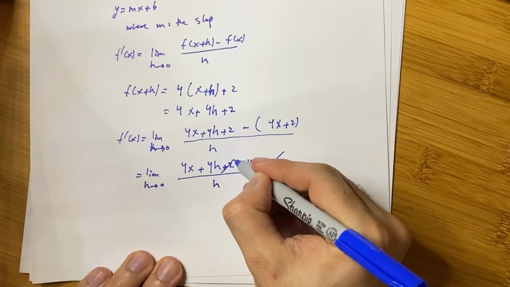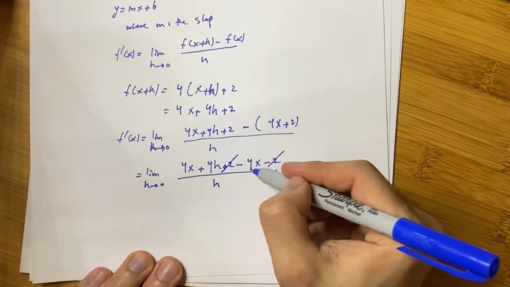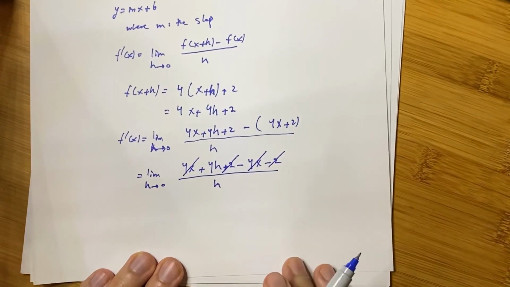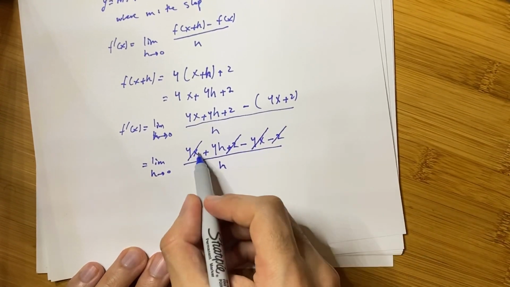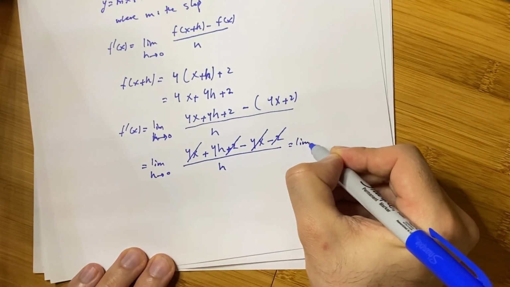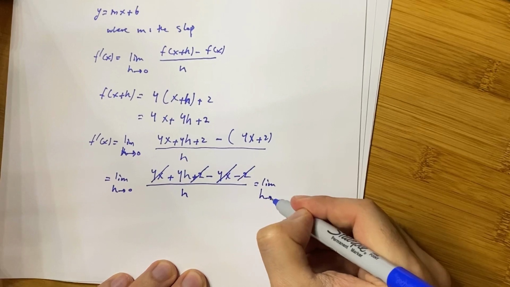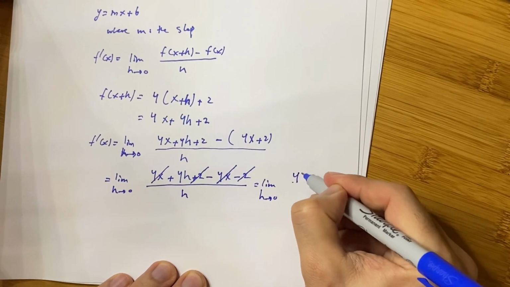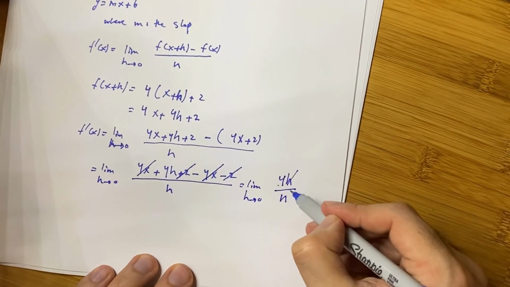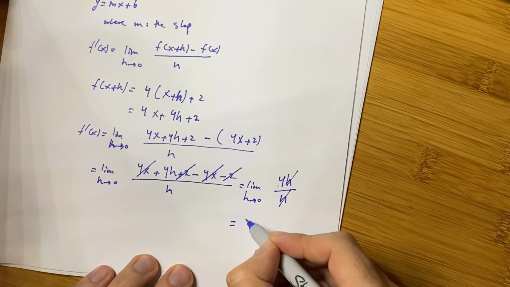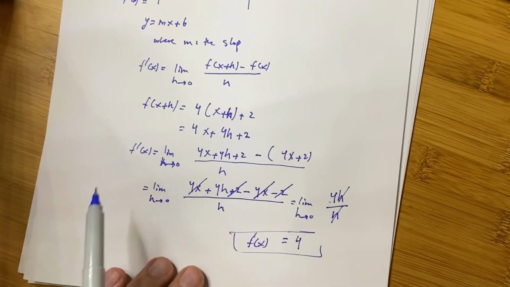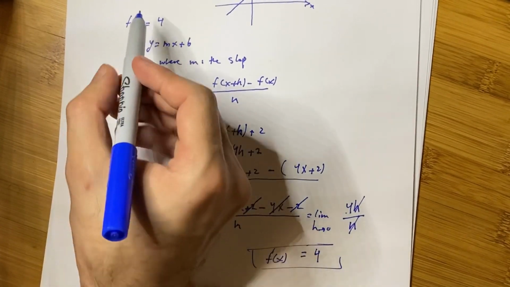Negative 2 and positive 2 will go, and 4x minus 4x will go, and what we are left with on the top is plus 4h, so that will be the limit as h goes to 0 of 4h over h, which will be just 4, which is the same conclusion as this one in here.